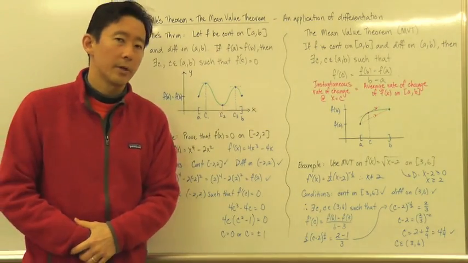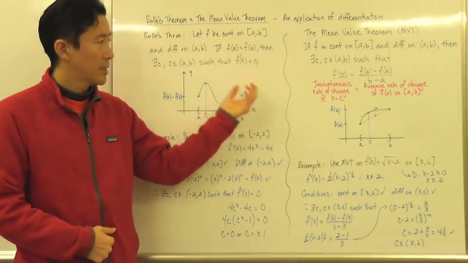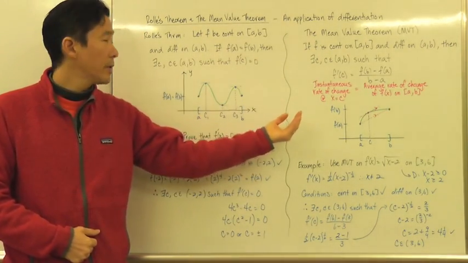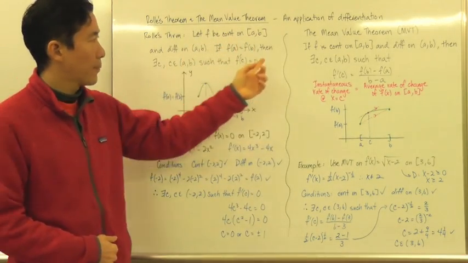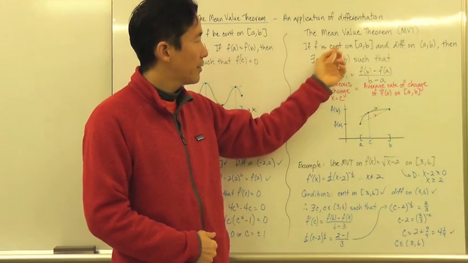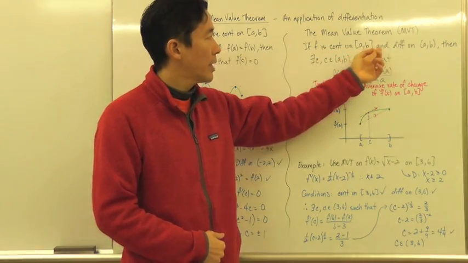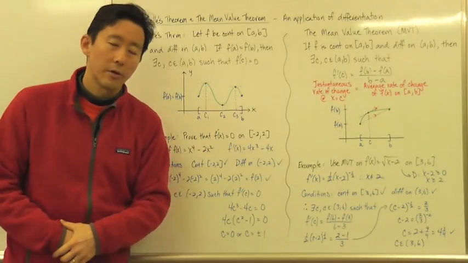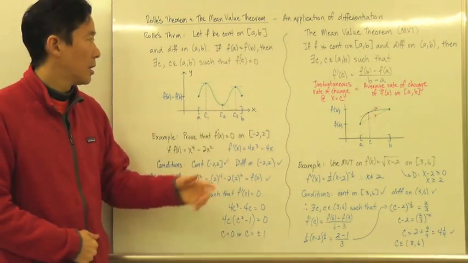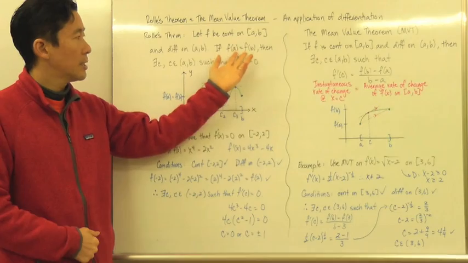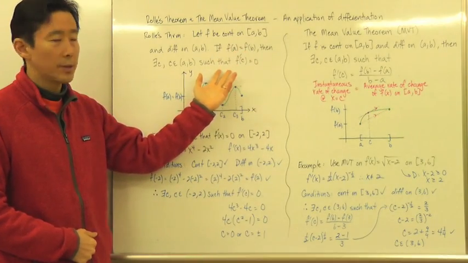Now the one thing that you want to take a look at with regards to the differences and the similarities between these two theorems is that the initial condition is the same: if f is continuous on the closed interval [a,b] and differentiable on the open interval (a,b). After that, there's a little bit of a change. This one over here, we need an additional condition to show what we want to be true.